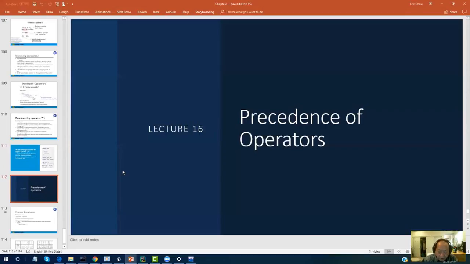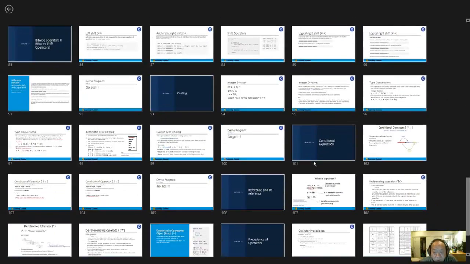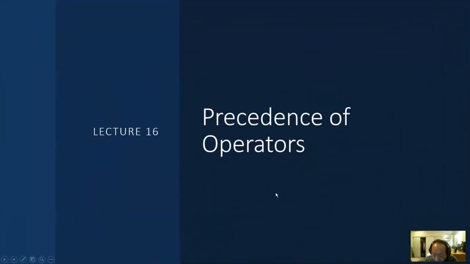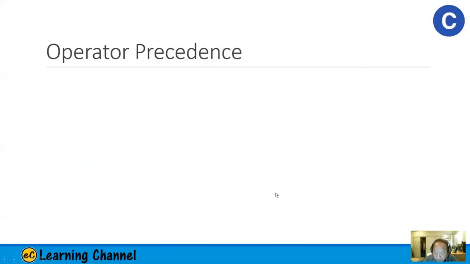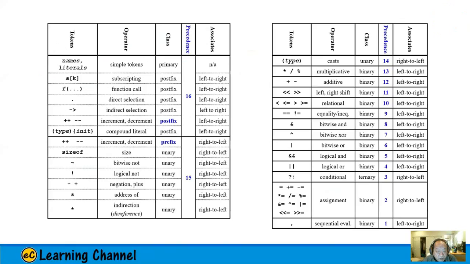Okay, and the next one is the precedence of the operators. So this part means we are at the end of the chapter now. You just need to take care of the parentheses, and here is a whole table.